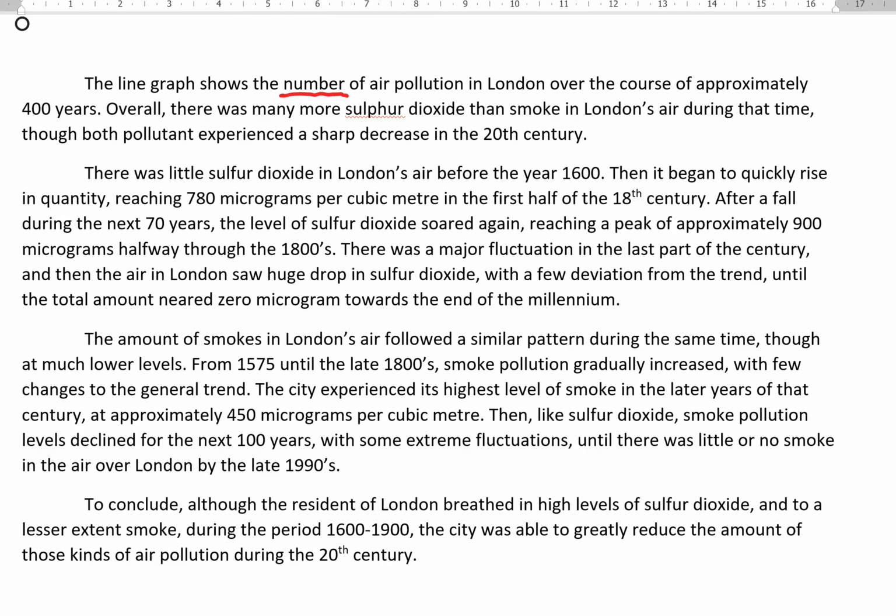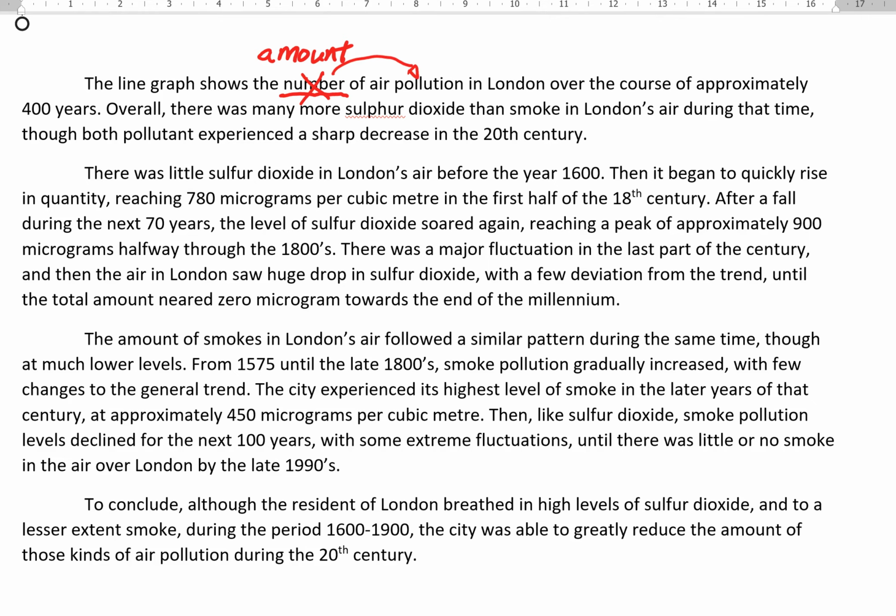But you see that it describes air pollution, and pollution is a non-count noun. So we have to change this. This is an error, and the corresponding word for non-count nouns is amount. So we don't want number, we want the amount of air pollution in London.